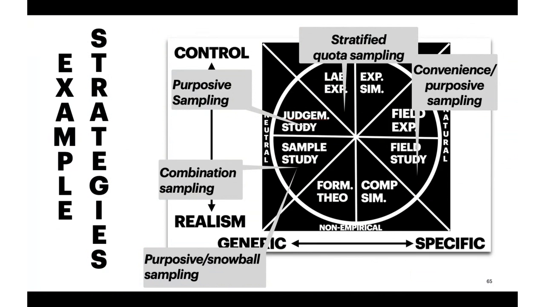Sample studies typically use some kind of combination sampling because you start with typical purposive elements like, I'm looking for GitHub because it's the most popular platform. I'm looking for, I don't know, Java because it's one of the most popular languages. And then you might have a random sample.